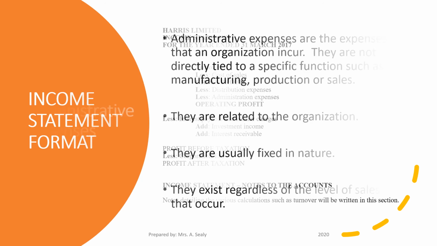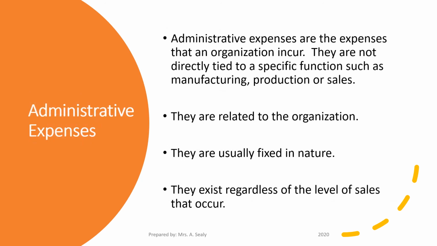So what are administrative expenses? Administrative expenses are the expenses that an organization incurs. They are not directly tied to a specific function though, such as manufacturing, production, or sales. So obviously a business would incur various expenses during its financial year. However, when it comes to administrative expenses, these ones are not tied to a particular function. So they are usually office related.